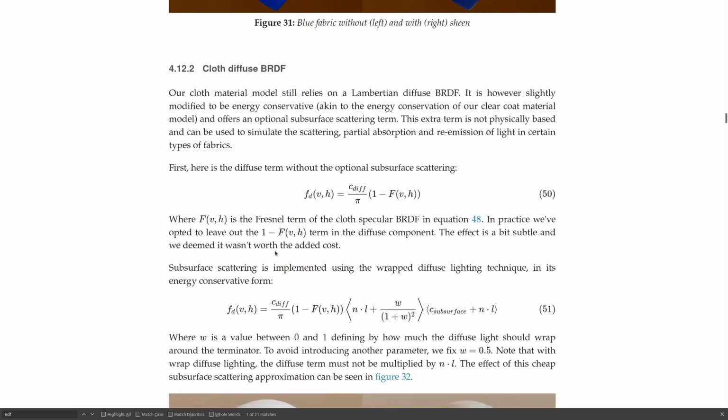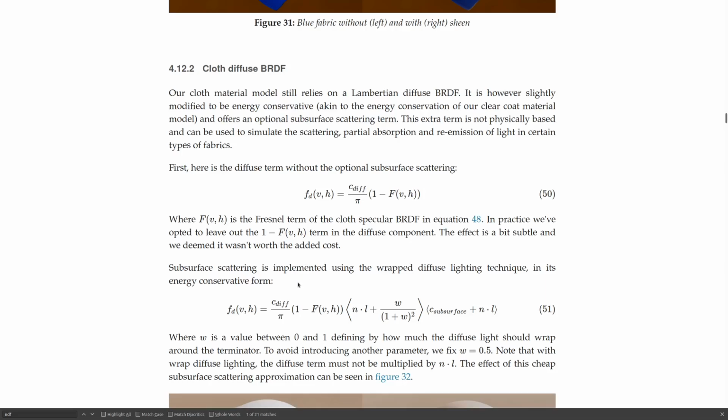So we've got the diffuse term without the subsurface scattering, where F(v,h) is the Fresnel term of the cloth specular, and in practice we've opted to leave out this term from the diffuse component. This effect is a bit subtle and was deemed not to be worth the added cost.